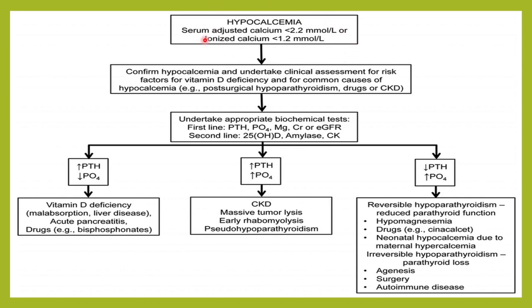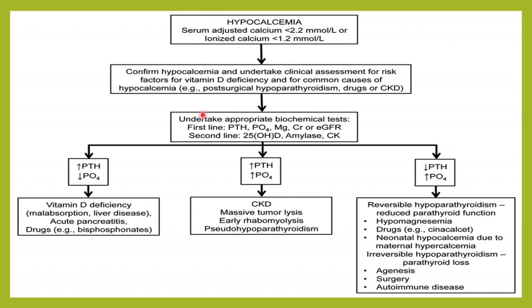So whenever you get such cases of hypocalcemia, you confirm hypocalcemia and undertake a clinical assessment of risk factors, whether the patient is on any kind of medication, whether the patient has chronic kidney disease, whether the patient has undergone any kind of surgery where the parathyroid has been removed, and accordingly we will have to proceed. So we will have to do certain other tests also.